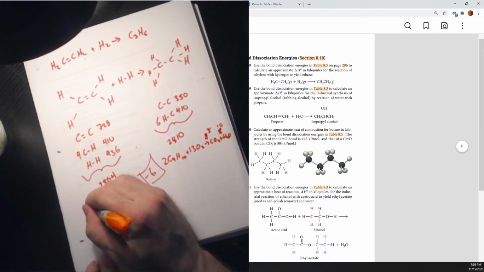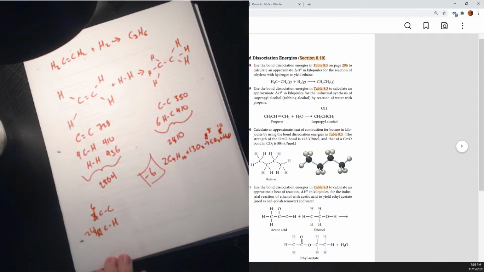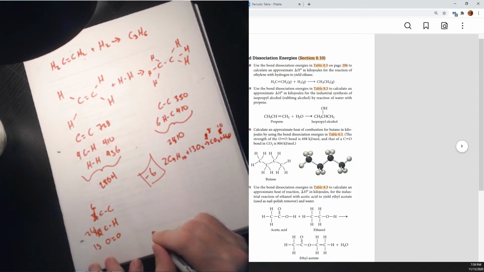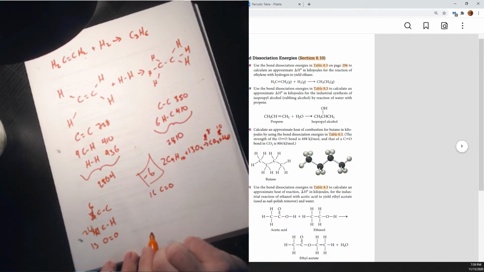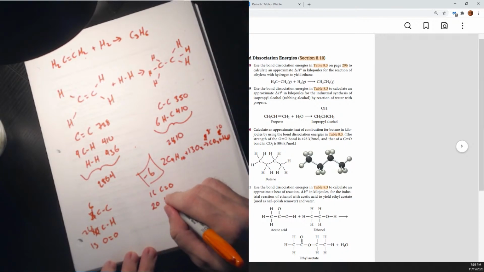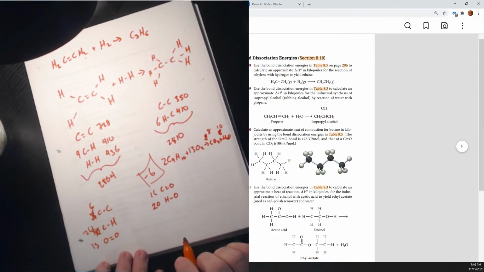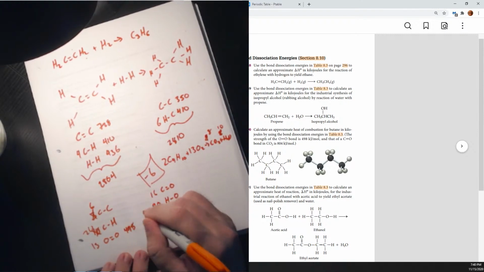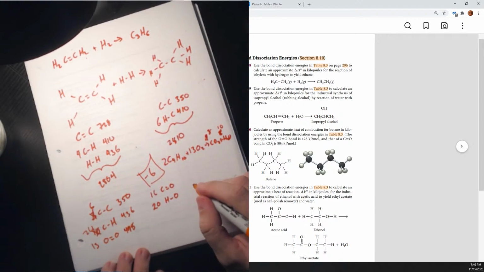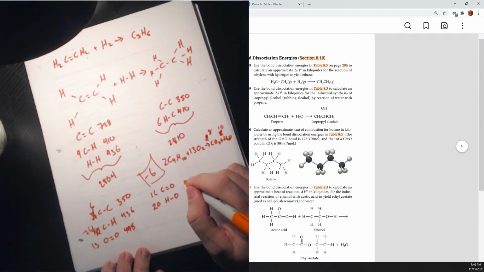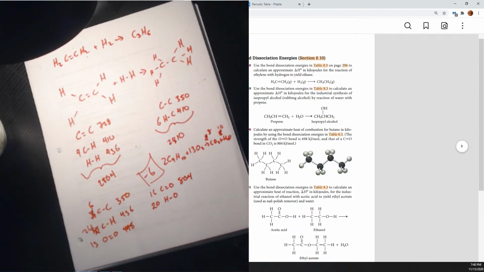So we're actually going to have 6 carbon-carbons and 20 carbon-hydrogens, as well as 13 oxygen-oxygens. And on the other side, we're going to have 16 carbon-oxygens and 20 hydrogen-oxygens. So this is 498, this was 350, this is 436. They tell us here that carbon dioxide is 804. And for hydrogen-oxygen, I can't remember, but I think that's 396.